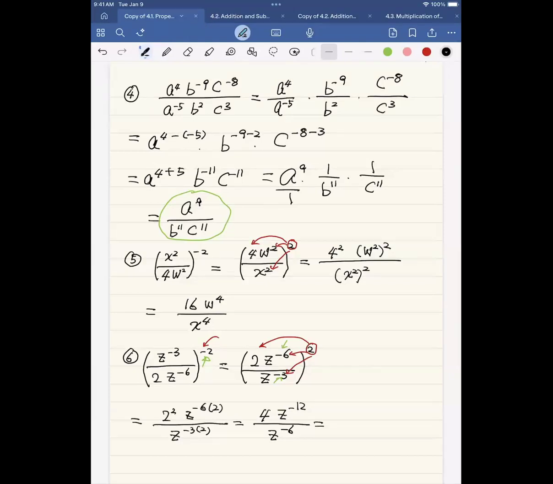So we can combine z to the something power. So z to the negative 12 minus negative 6. So that is 4 times z to the negative 12 plus 6, which is 4 times z to the negative 6 power.